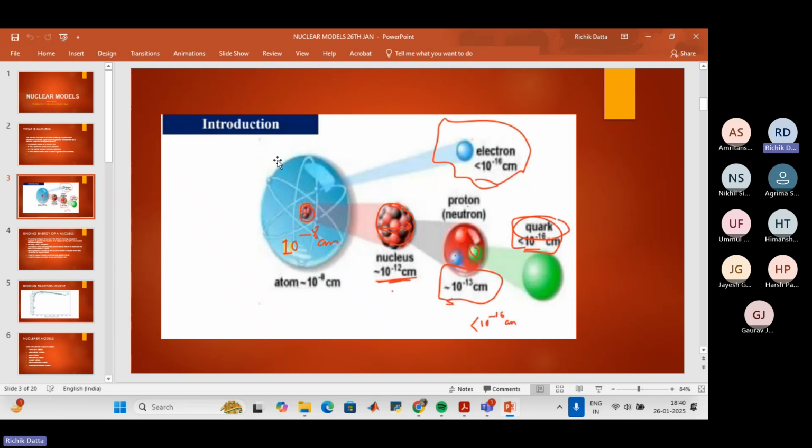There are many subparticles like meson, boson, fermions, neutrino, antineutrino. The baryon family has occurred, the meson family has occurred, and nowadays researchers are going into quarks.